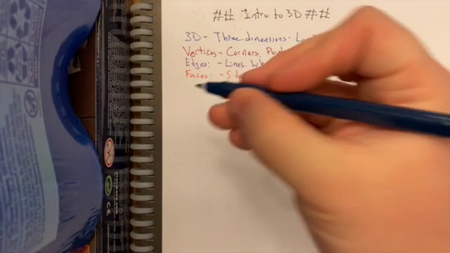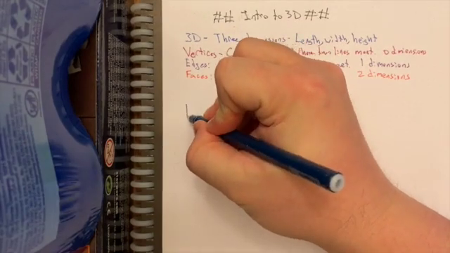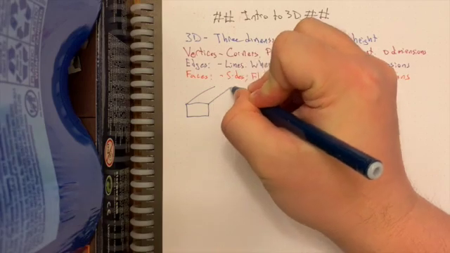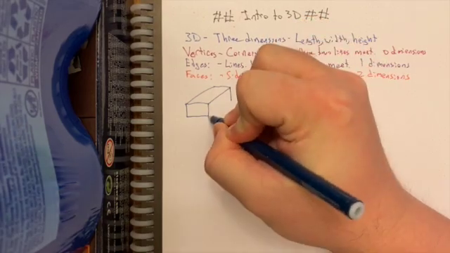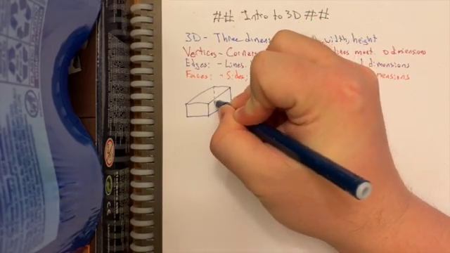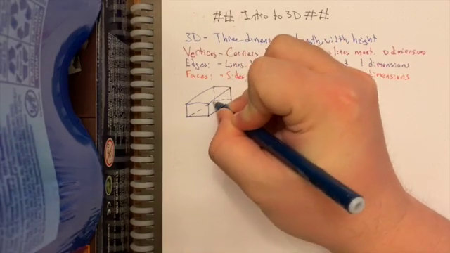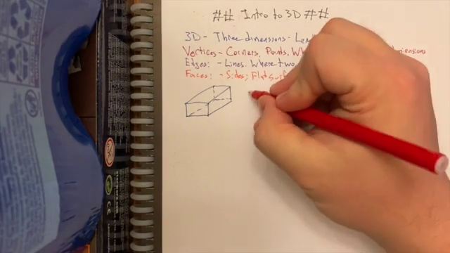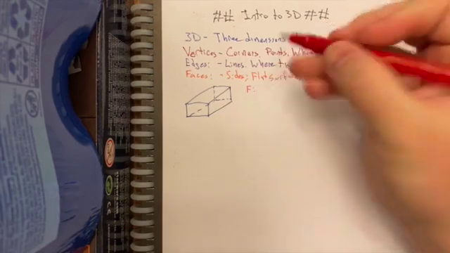So, let's go with the most basic of shapes. I hope you can draw that, and if not, you're going to have to practice just a little bit. So, faces, edges, and vertices. Faces are the flat surfaces.